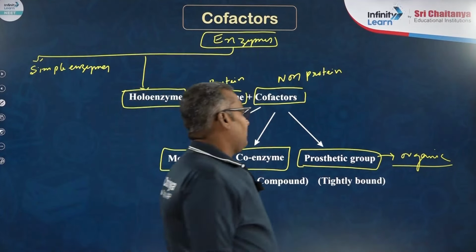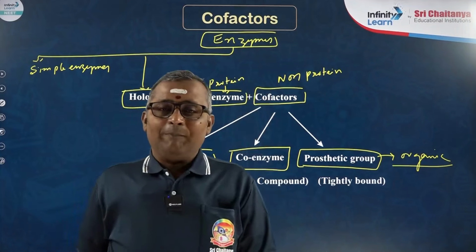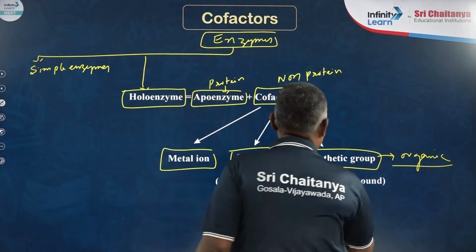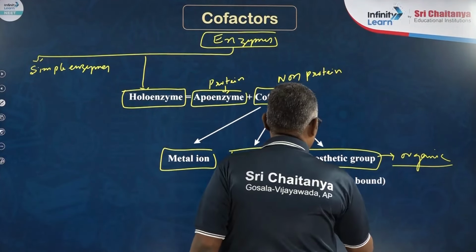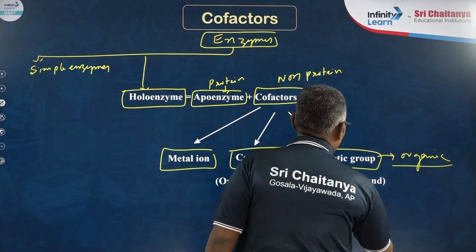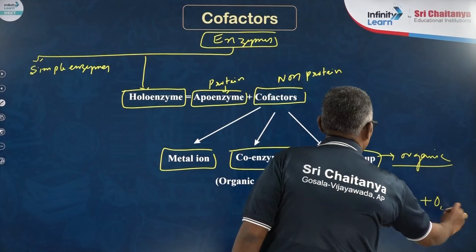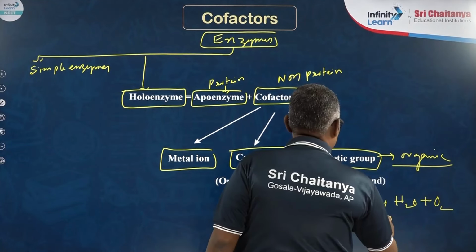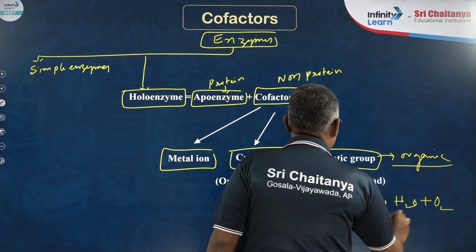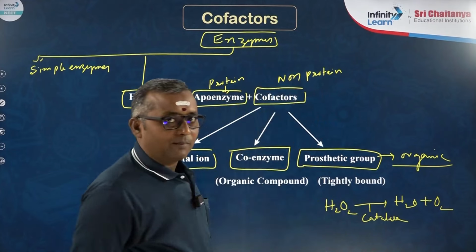One of the best examples is the enzymes peroxidase and catalase. Peroxidase and catalase cause breakdown of H2O2 into H2O plus O2. Here, either catalase or peroxidase is required.